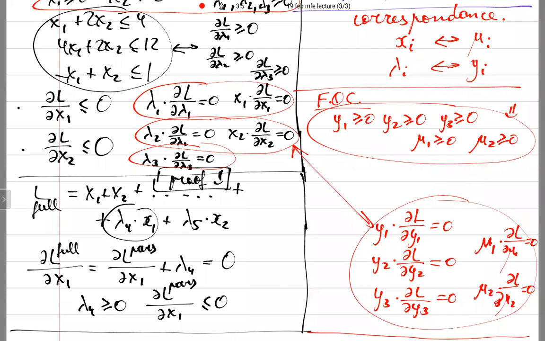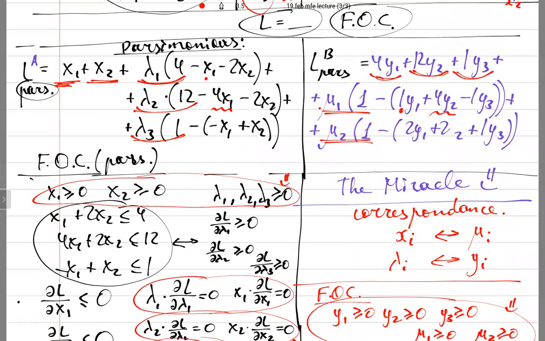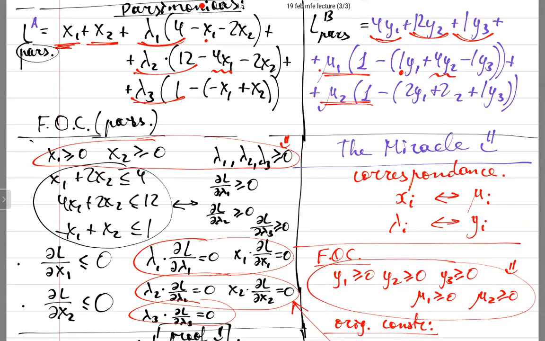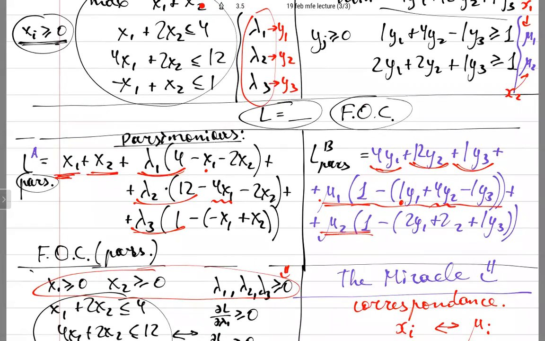Let us look at the original constraints. What are the original constraints? The original constraint is dL with respect to d mu, this value should be less than 0.